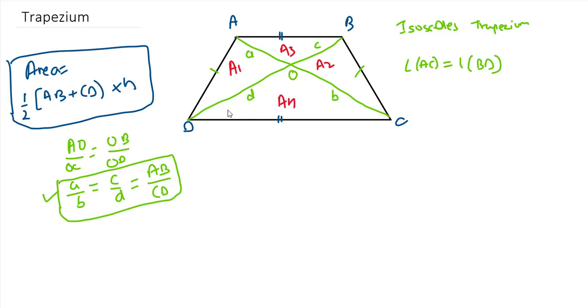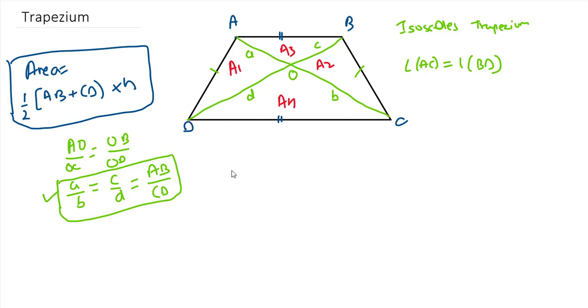If you observe the triangle ADC and the triangle DBC, both these triangles are lying between two parallel lines and they have a common base, which is DC. In such a case, if two triangles are lying between two parallel lines and have a common base, then their areas will be equal. So area of triangle ADC will be equal to area of triangle DBC.